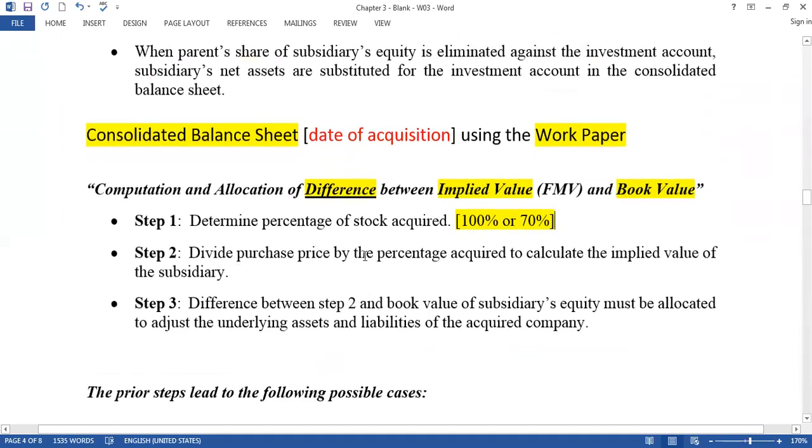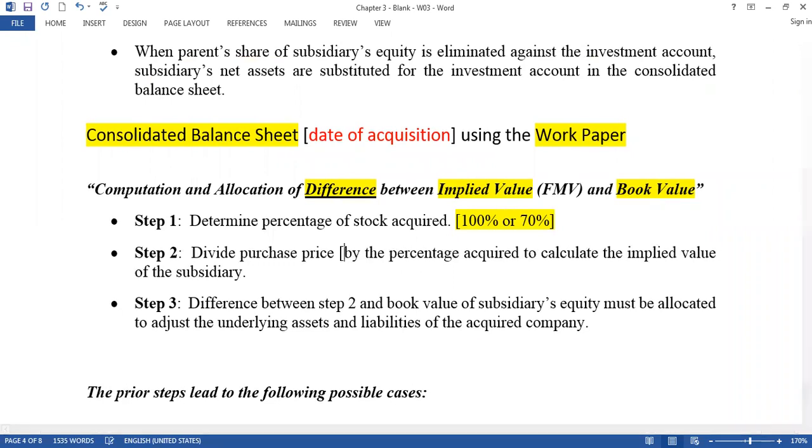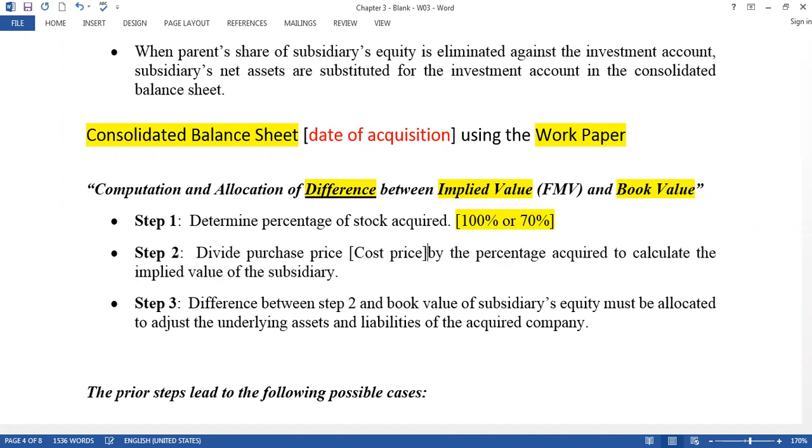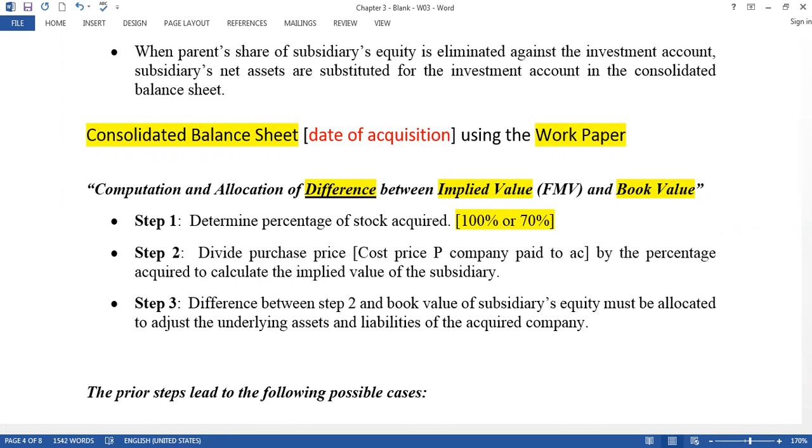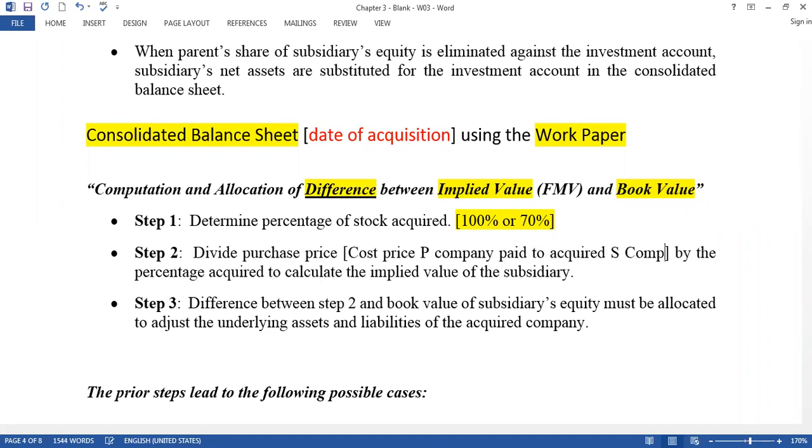Then determine the purchase price. What is the meaning of purchase price? That means fair market value or cost price, that means the price the parent company paid to acquire the S company.